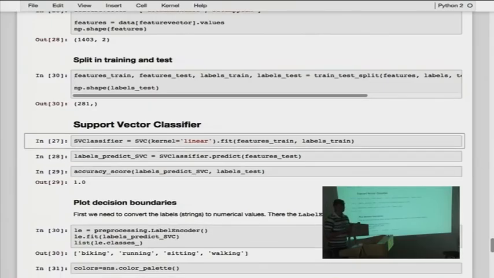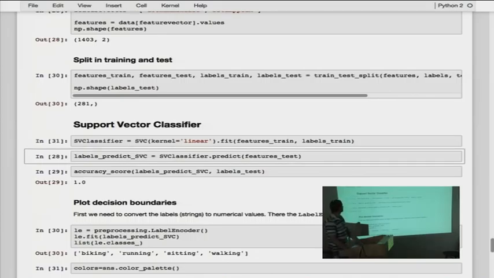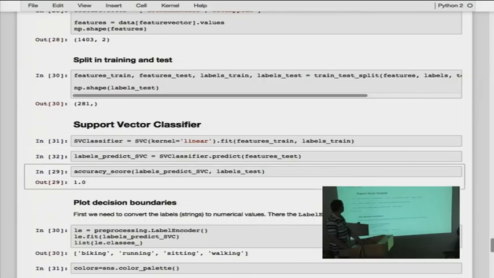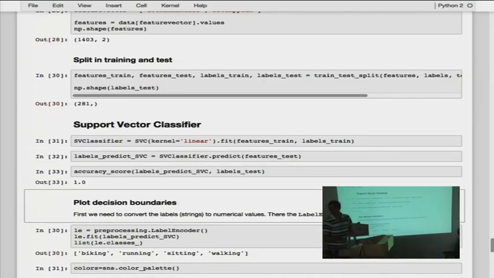And I'm using an SVC with a linear kernel. You can do more magic, but that's all I understand. And I know in every machine learning talk, there is the rule, if the accuracy score is 100%, you did something wrong. I don't know if I did something wrong.